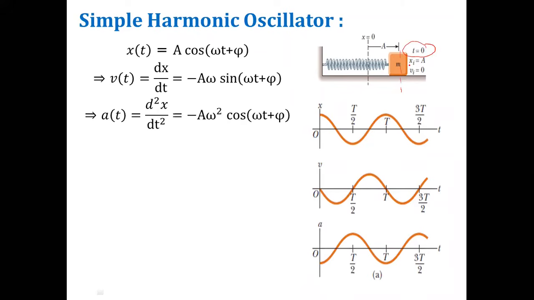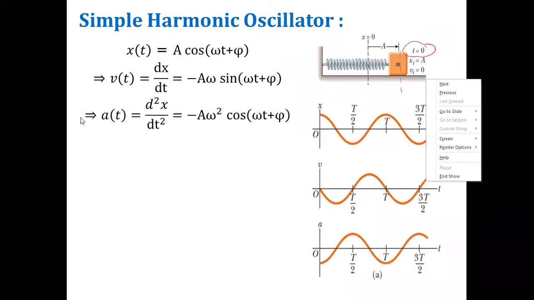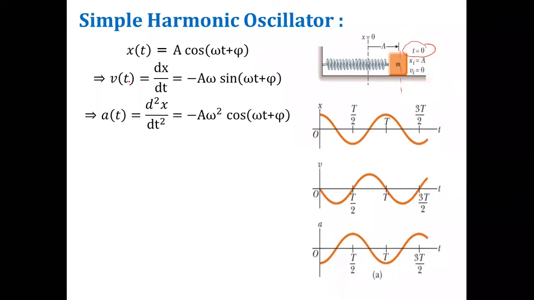That means your initial displacement would be equal to A, your initial velocity would be equal to 0, because at the extremes your velocities are 0. Now, from here, again, you can get the value of phi. At time t equal to 0, your x was equal to A, that means you had A cos phi, that means your phi is equal to 0.